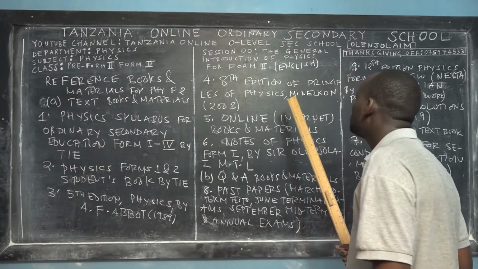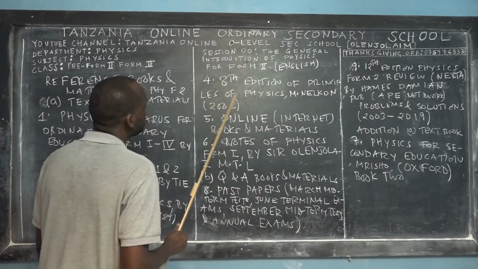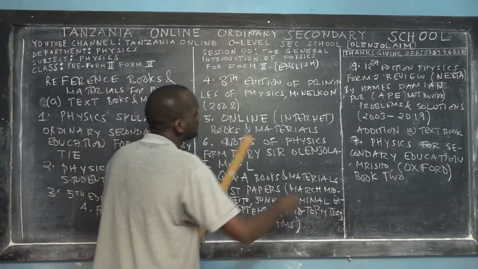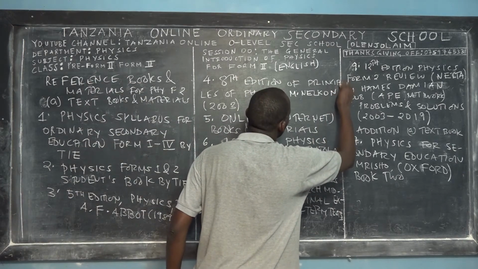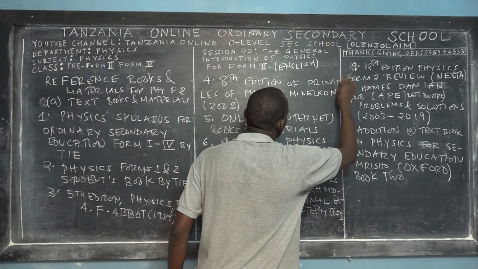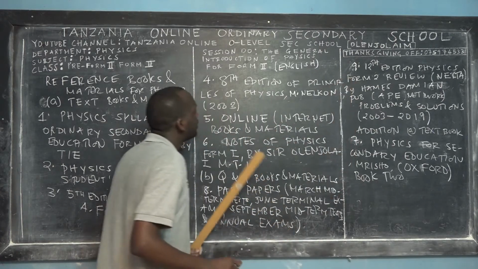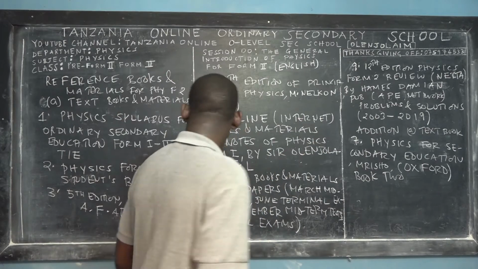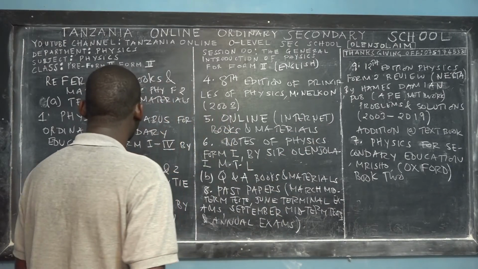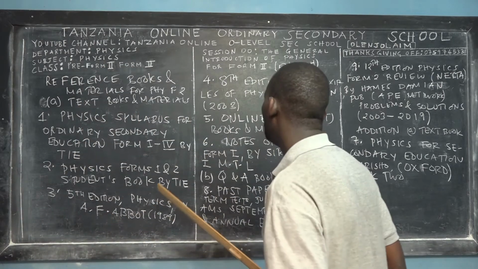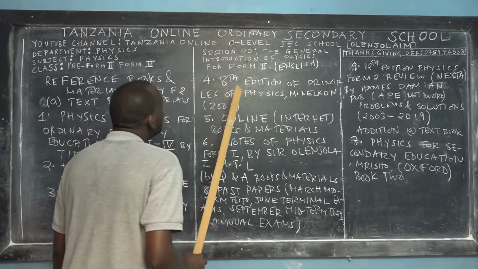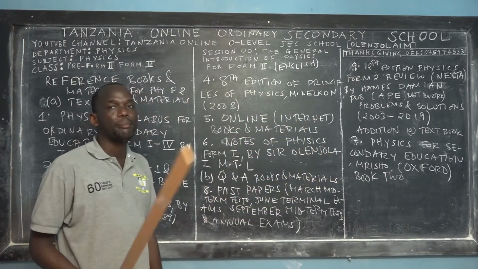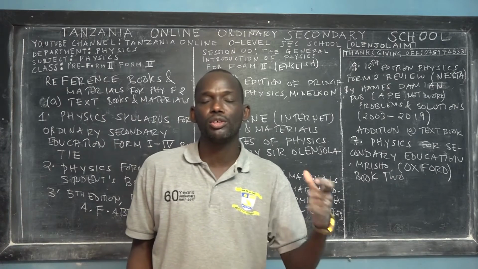Then the 4th reference book is the 8th edition of Principles of Physics. Remember that here there is a dash. Say Principles of Physics. So that's the 4th reference book. Again, the author is M. Nelkon, in 2003. The advantage of this book is just like Physics by A.F. Abbott. The author is M. Nelkon. This book also comprises many topics of Form 1, Form 2, Form 3, Form 4.